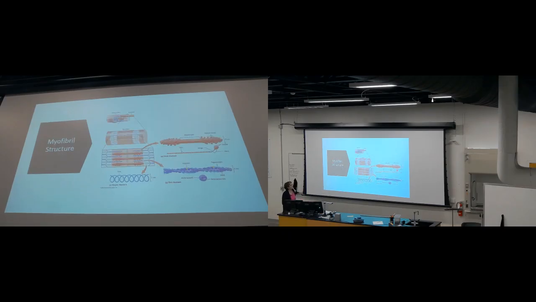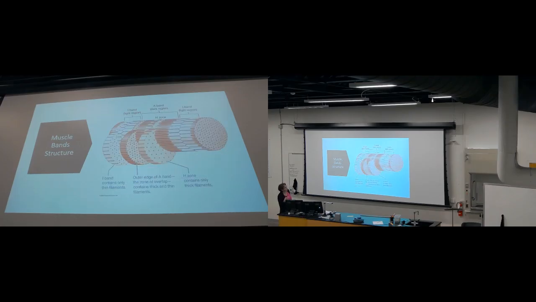And then if you make sections of this part and look at the different components, you will see what happens at every space, or what we have at every space. So this is the I band. In the I band, you have only thin filaments, only actin.